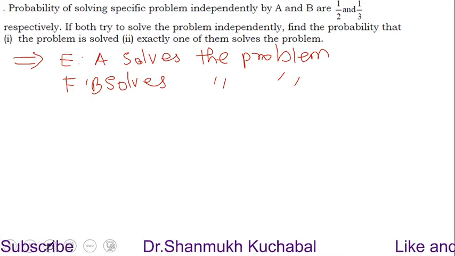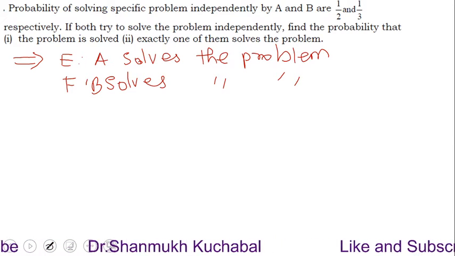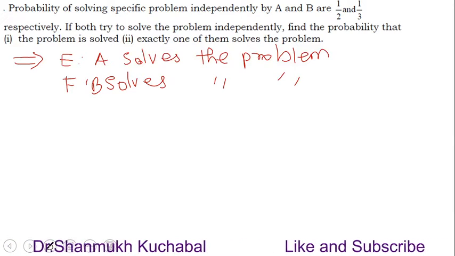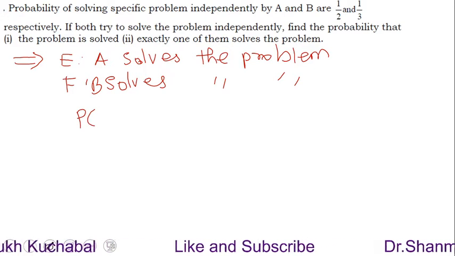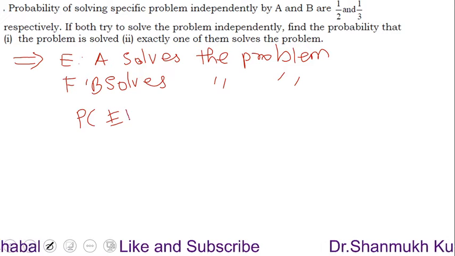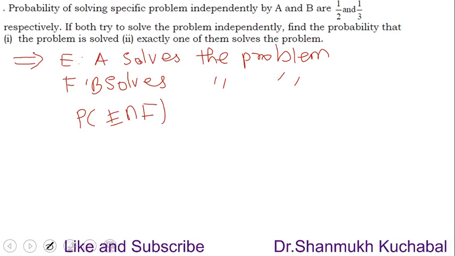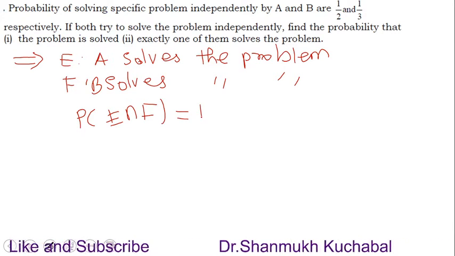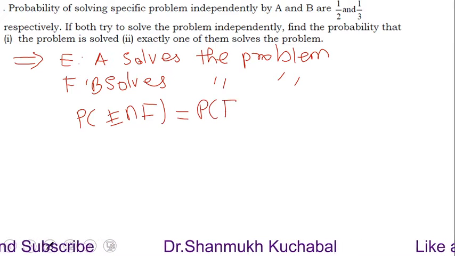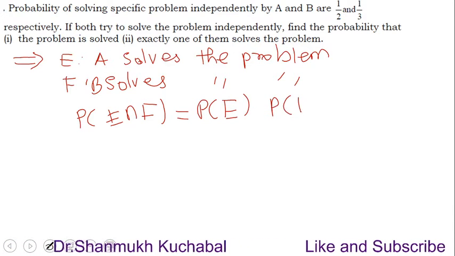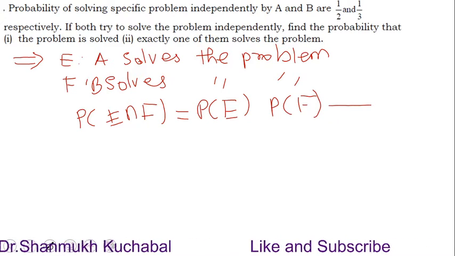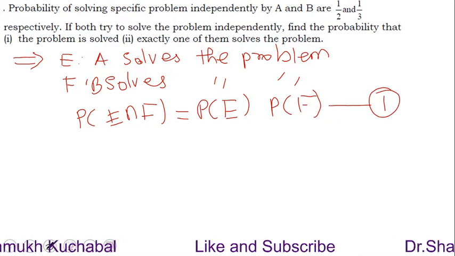So dear students, we know that if two events are independent, then the formula is P of E intersection F is equal to P of E into P of F. So this is the formula for two independent events.